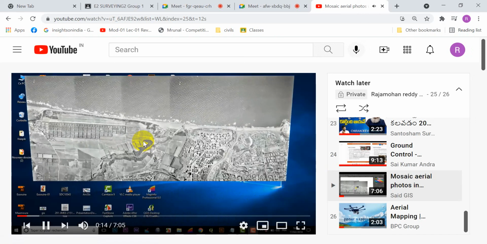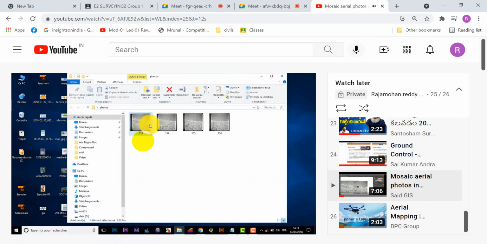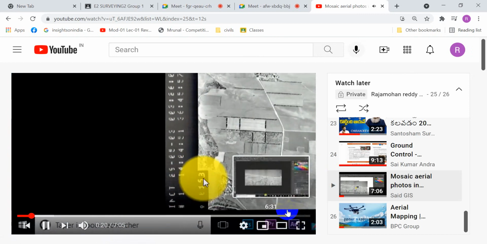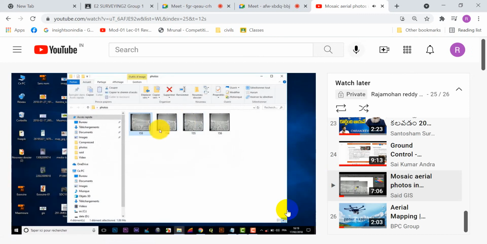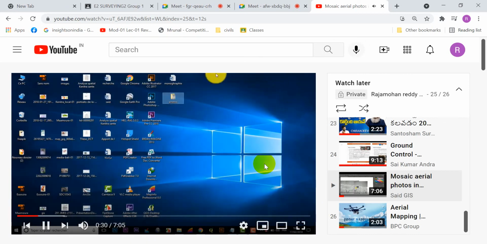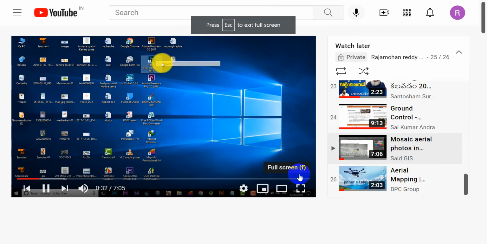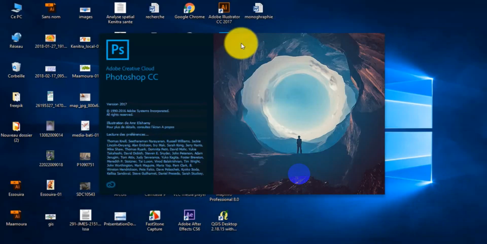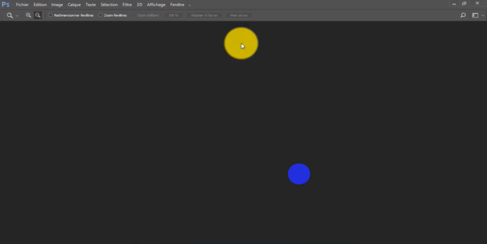No need of sound, just see it. Can you see it? It's just normal Photoshop. I think you already know what Photoshop is. That's a very normal Photoshop technique.